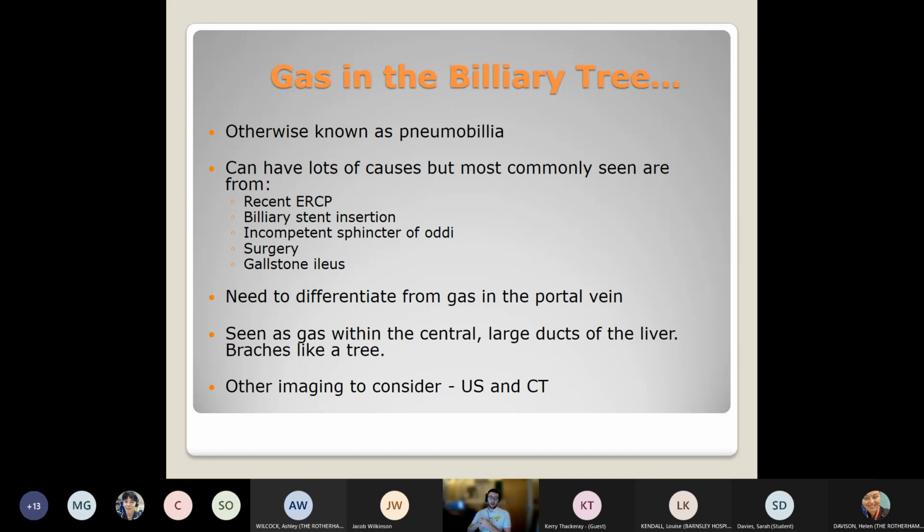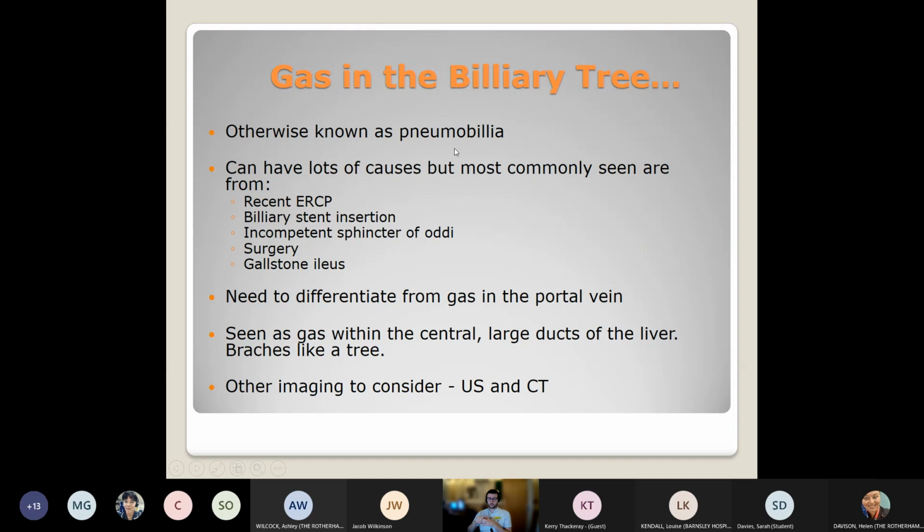It is rare. You don't see it very often. Occasionally, if the stone has gone through, sometimes it'll just pass normally, but sometimes it gets stuck at the ileocecal valve, and that's why we call it gallstone ileus, because when it gets stuck at that ileocecal valve, it will create essentially a small bowel obstruction as a result.